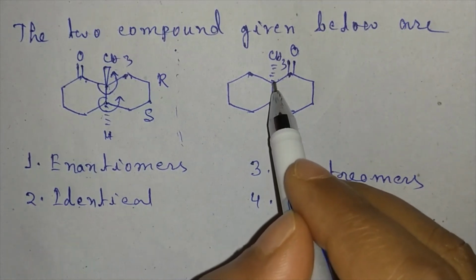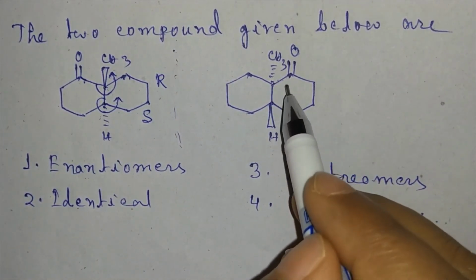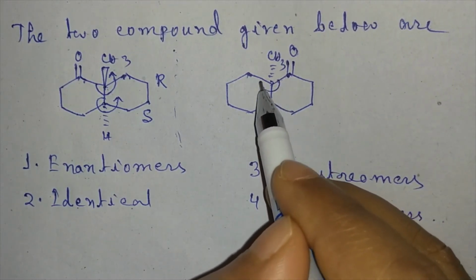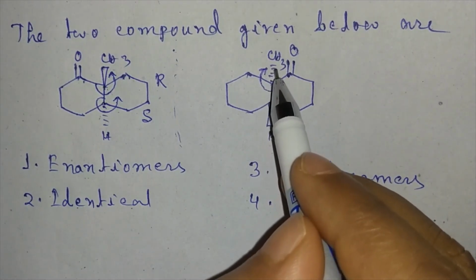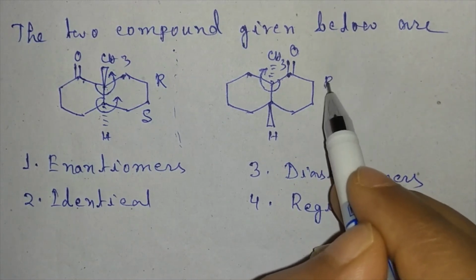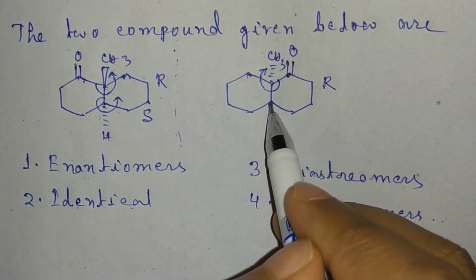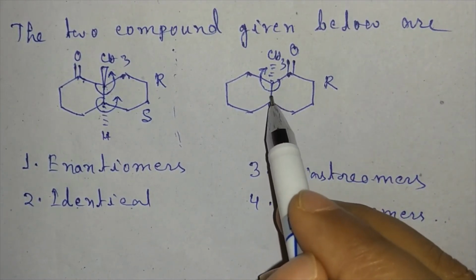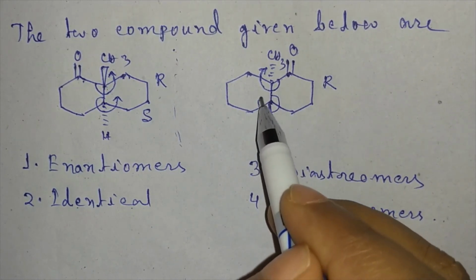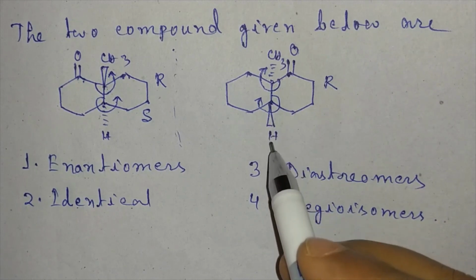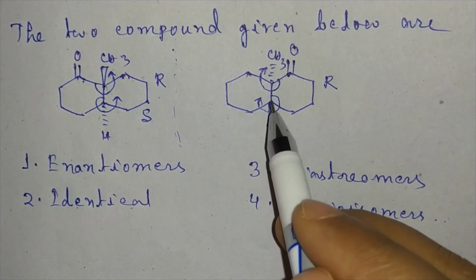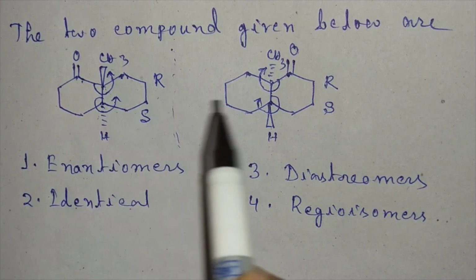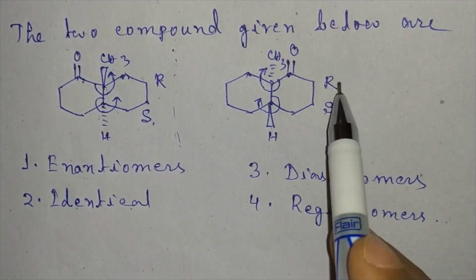Whereas in case of this molecule, the priority sequence will be, this is 1, 2, 3, rotating in clockwise direction and methyl is below the plane, so it is R. And in case of this stereogenic center, the priority sequence is, it will have 1, 2, 3 in clockwise direction, so should be R, but as the hydrogen should be below the plane, its configuration will be S. So we can see here that these two isomers have similar configuration, RS, RS.